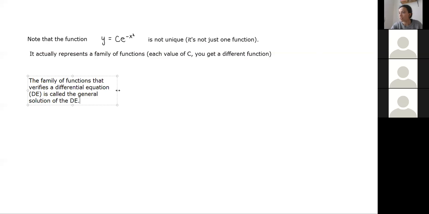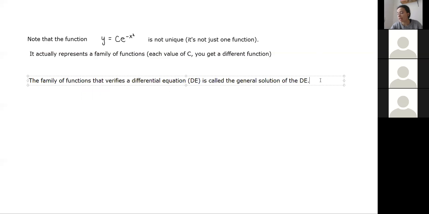Okay, so we talked about this even in the first chapter of the class. We said if we know the derivative of a function, we are able to find the type of function that is going to give me that derivative, but I'm not necessarily able to find the specific one function that I'm looking for, right? If I want that, I need something else, and that something else is, in general, an initial condition.